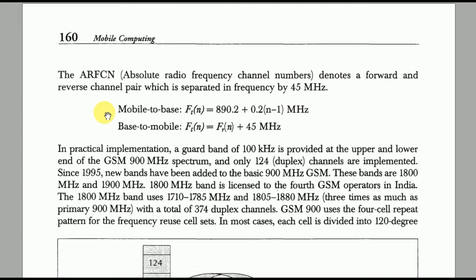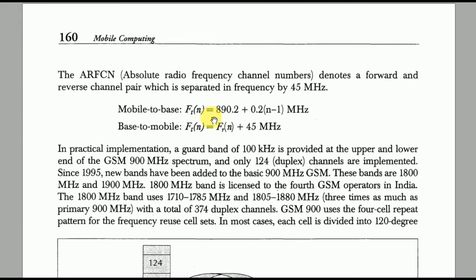Ft of n is equal to 890.2 plus 0.2 into n minus 1 megahertz. Assume the channel number is 1. Then Ft of 1 is equal to 890.2 plus 0.2 into 1 minus 1. That will be the frequency of channel number 1.